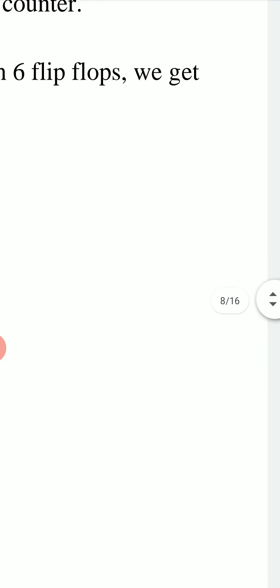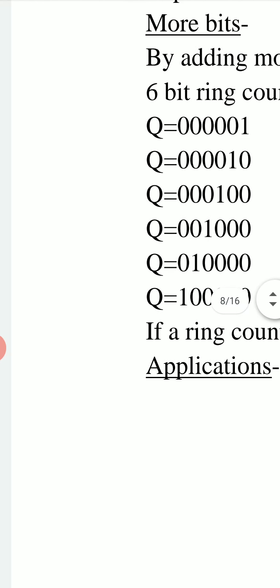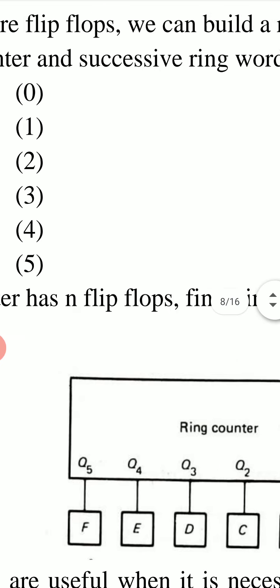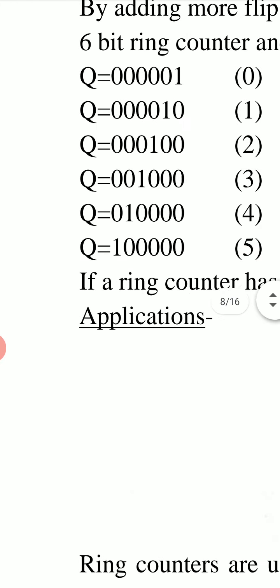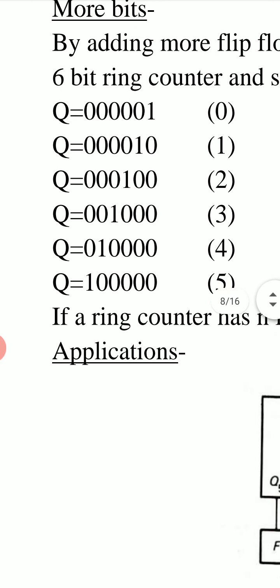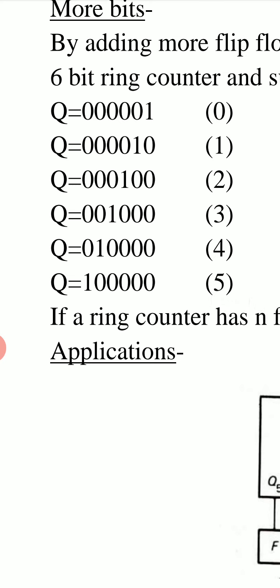With 6 flip-flops, we get a 6-bit ring counter, and successive ring words will be these. If we use 6 D flip-flops, the initial word is 000001, which is equivalent to 0. In the next word, this 1 bit is shifted towards the left. This is equivalent to 1. In the next word, this 1 bit again shifts towards the left.